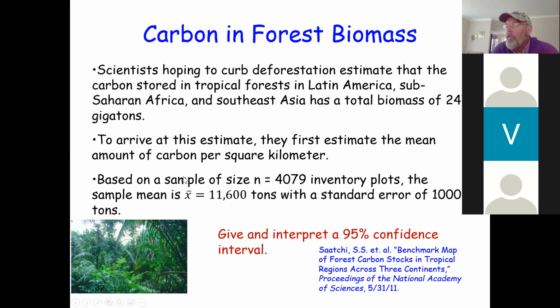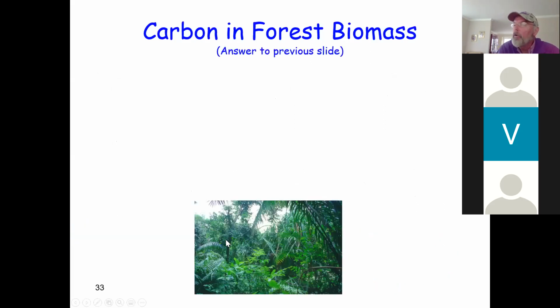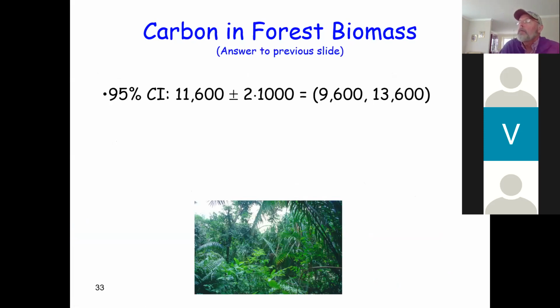Well, we start with the estimate, right? And we'll go over here. And so here is the X bar, 11,600. All right, here is the plus or minus. Here is 2.